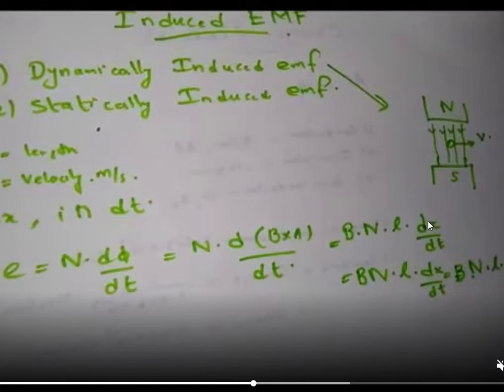What is x? x is the distance moved. What is the rate of change of distance, or displacement? The rate of change of displacement is velocity. So you can write dx by dt as v.